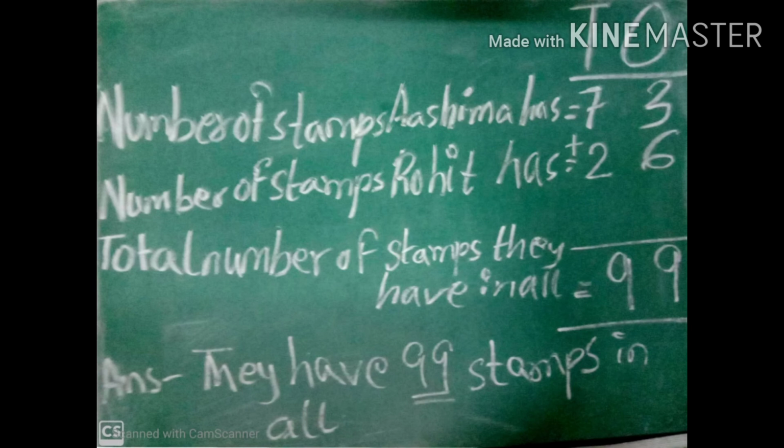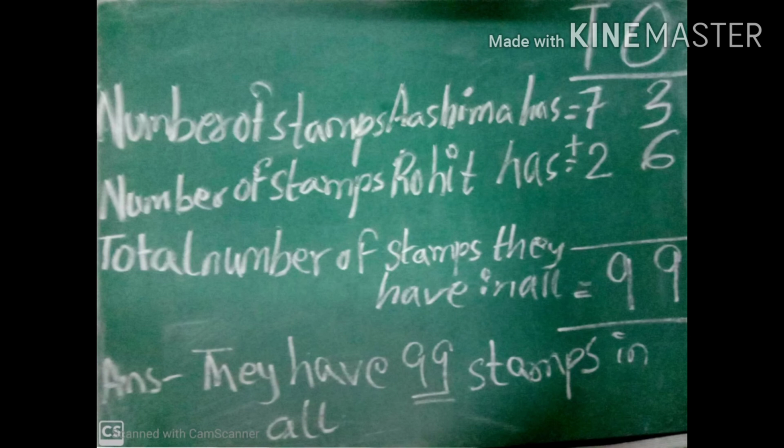Number of stamps Rohit has equals 26. Now we are going to add up 73 plus 26. So before adding, we have to write our statement number 3. Total number of stamps they have in all.